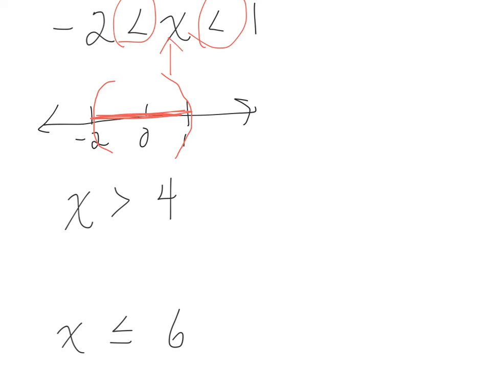Now imagine lifting that up off of the number line, and I'll keep it in red for you. We had a parentheses at negative 2 and a parentheses on the 1. You should see how what we have graphed on the number line pretty much mirrors what I have sitting over there in interval notation.